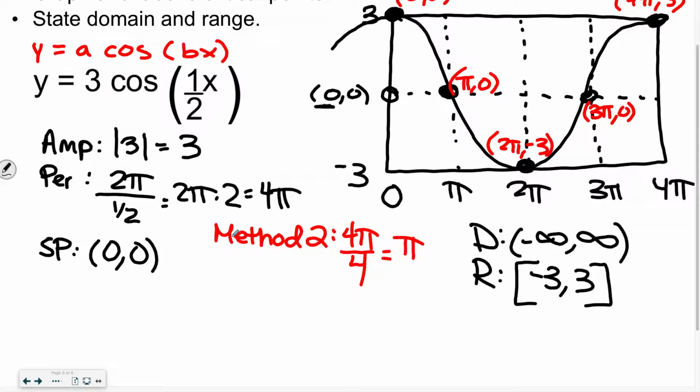So down here, I'm just going to make a small example. Okay. A coordinate plane, and let's say this is 2 pi. If I were to graph the parent graph of cosine, the parent graph of cosine has a period of 2 pi and an amplitude of 1. So it looks something like this.